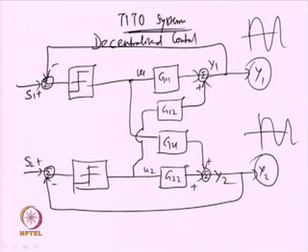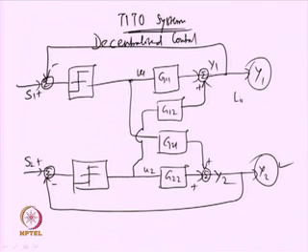Now, if the loop interaction is sufficient, then the frequencies of the output signals y1 and y2 could be different. If the loop interaction is minimal, in that case y1 and y2 can have almost the same frequency. So, depending on the loop interaction, it is expected to get output signals with different frequencies or the same frequency.